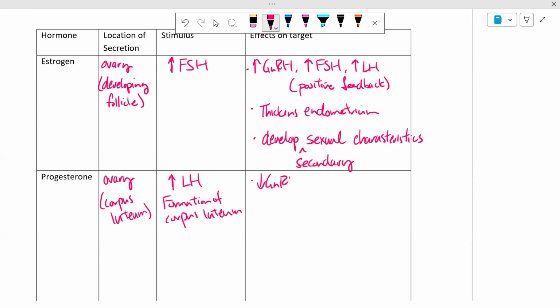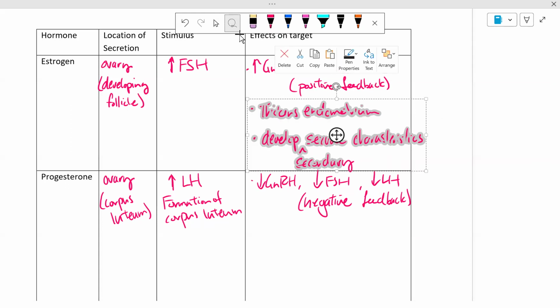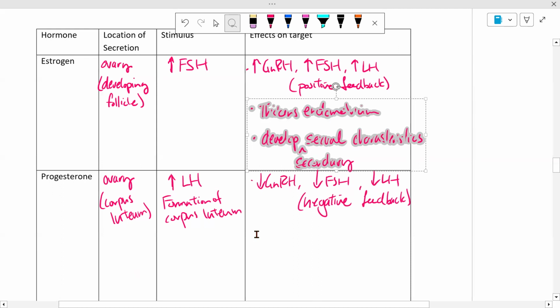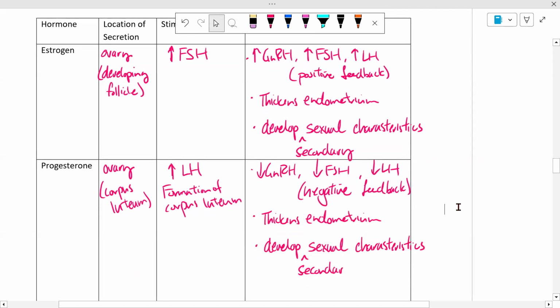You're going to have a drop in all these things, which is negative feedback. And then it's the same. I'm just going to be lazy and copy it. There we go. Thickens the endometrium further. Also development of secondary sexual characteristics.